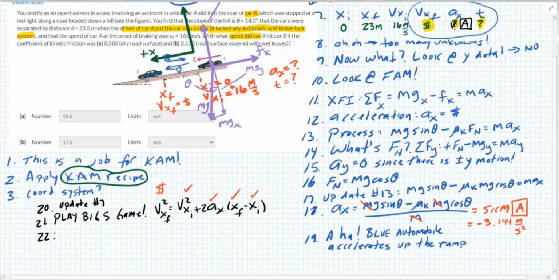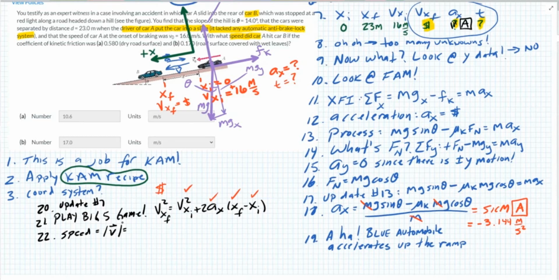Number 22. But they don't want velocity, they want speed. So remember, we know the velocity is down the ramp, but they don't care about direction. So speed equals the absolute value of velocity. And if I do this, let's get an answer. 16 squared plus 2 times alpha A times 23, square root.